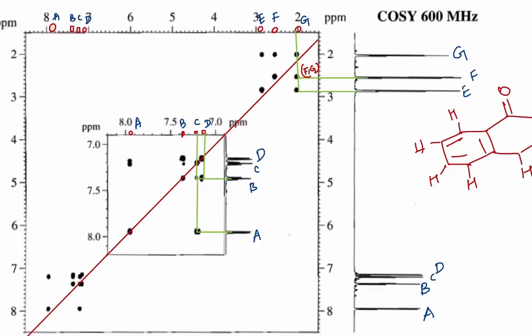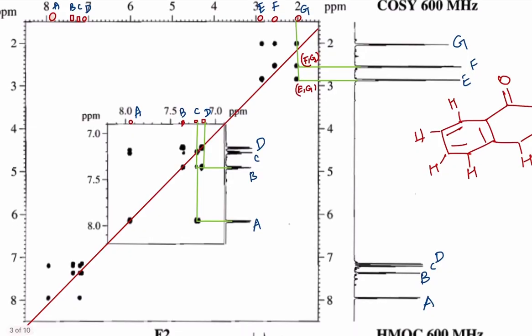So FG, and this is correlation between EG, and then this is the correlation between B and D, and then there is correlation between B and C, and then finally this is the correlation between A proton and C protons. Okay.